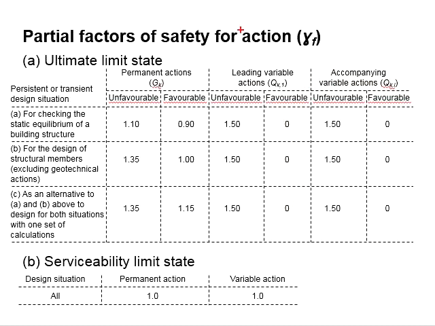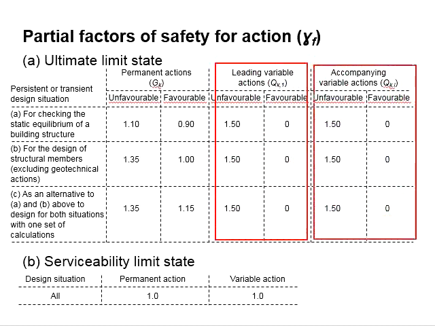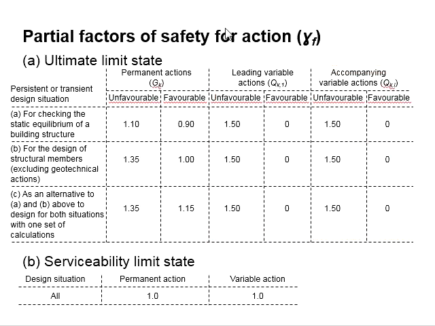It is also noticed that the partial factors of safety of the leading variable and the accompanying variable will be totally the same. The difference is between the variable actions and the permanent actions.